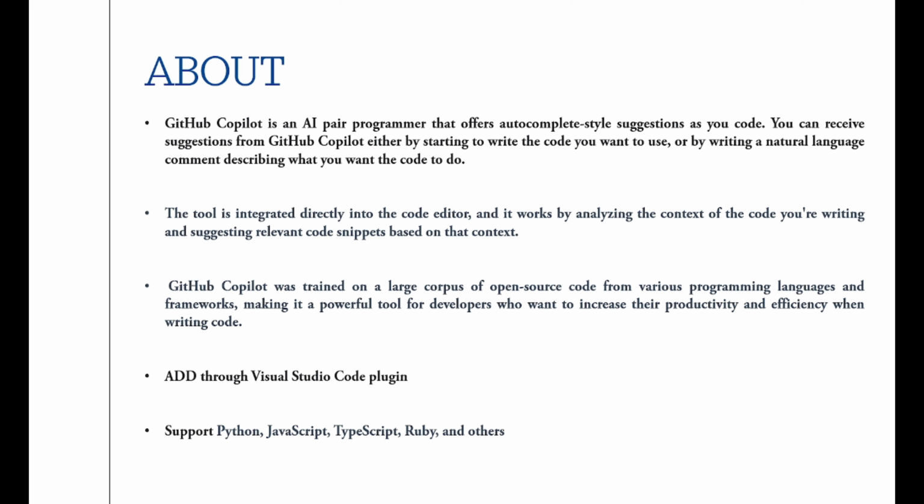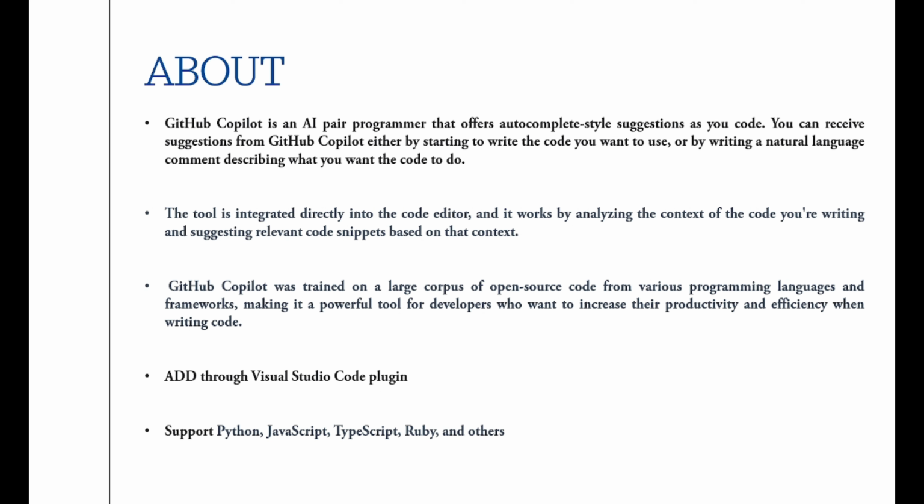Actually, it is AI-based programming, which means artificial intelligence. When the developer or the user starts the code, it will be autocompleted by styling suggestions, and it gives a solution to the problem. So the user can receive those suggestions from the GitHub Copilot and start and complete the code within a minute.